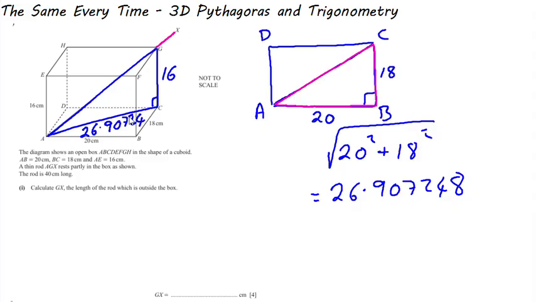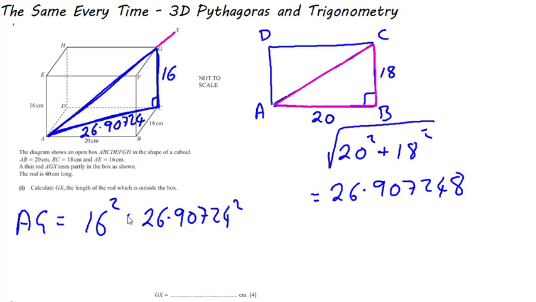Right, so I need to find the length from A to G, and it's another Pythagoras theorem situation. So A to G, I'm finding the longest side of this right-angled triangle. So again, it's a case of square, square, add, and square root.